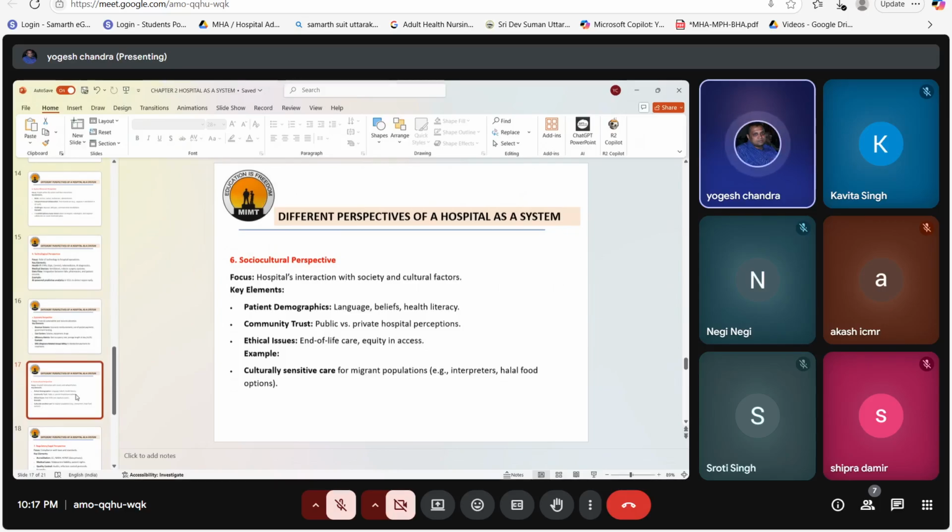And that particular tourism, like health tourism, that tourism also has a particular name, which I am just missing. Sometimes if I recollect, I will tell you that there are a few countries where people go only for that, to end their life, because in that country that is legalized. Norway and that type of countries where these things are legalized. So yes, end of life care, maybe you have to take care of how you are going to manage it as a hospital administrator.